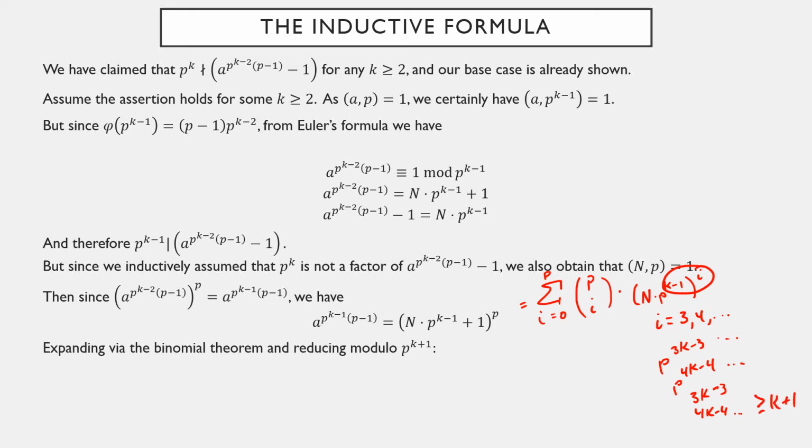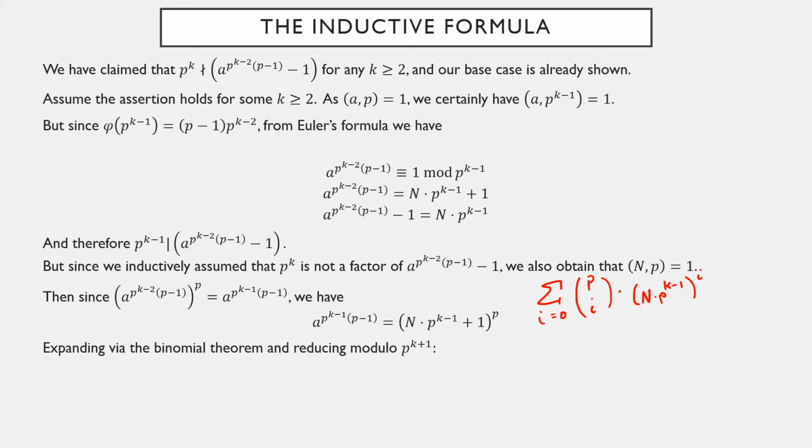So working modulo p to the k plus 1, all of those terms would vanish for i of 3 or larger, meaning the only terms we really have to worry about correspond to i equals 0, 1, or 2. Okay, so let's come back and express this: if we are working modulo p to the k plus 1, the only powers we really need to worry about are 0, 1, or 2.